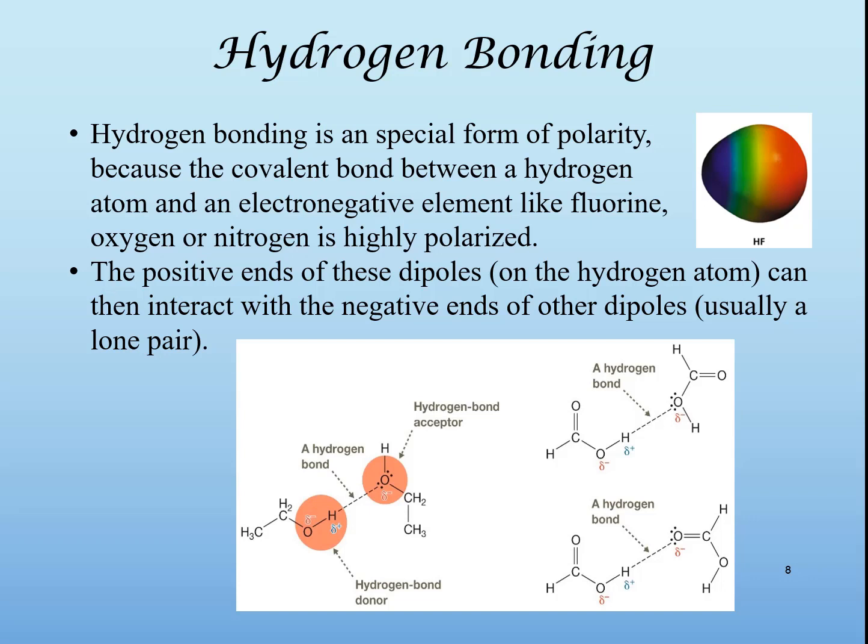On the right hand side, we're also going to see the same kind of behavior for formic acid, where one formic acid molecule is a hydrogen bond donor interacting with the OH group of the different molecule, or alternatively it can also interact with the oxygen of the carbonyl group to form a hydrogen bond. Since there are more than one possibility, the hydrogen bonding in the formic acid is stronger than in ethanol, resulting in a higher boiling point.